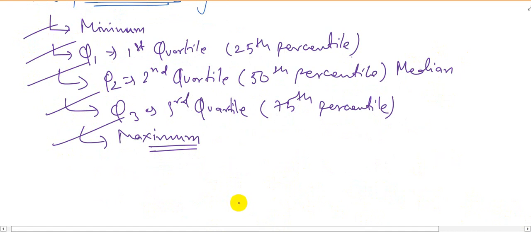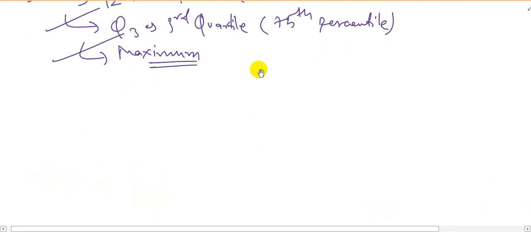So we are at the verge of ending this lecture, and one more thing left is how to find outliers using interquartile range, which is a bonus point I am telling you. How to detect outliers?